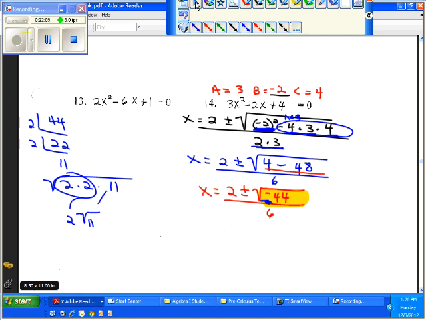What's the square root of negative 1? It's i. So we get 2i square root 11. From the negative, we had to pop out an i. Okay? You understand that?